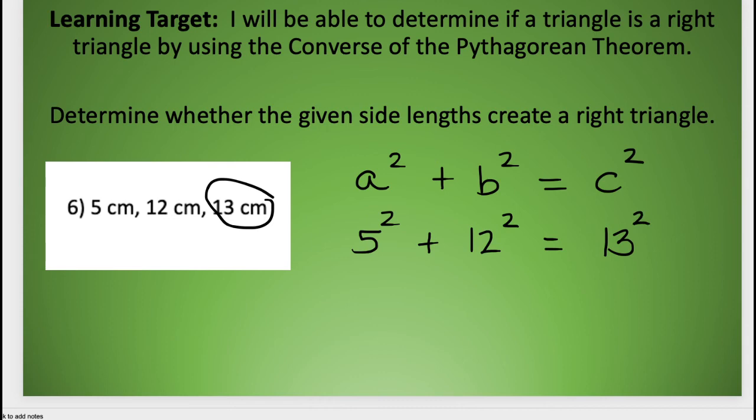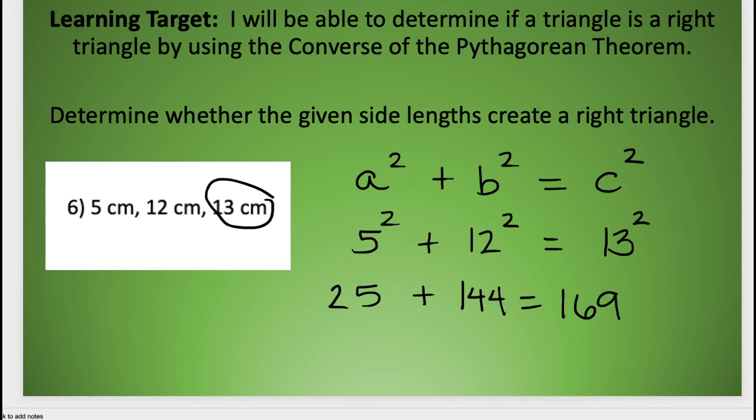Now I need to simplify by squaring each of the numbers or raising them to the second power. 5 to the second power is 25. 12 to the second power, which is 12 times 12, is 144. And then 13 to the second power is 169.